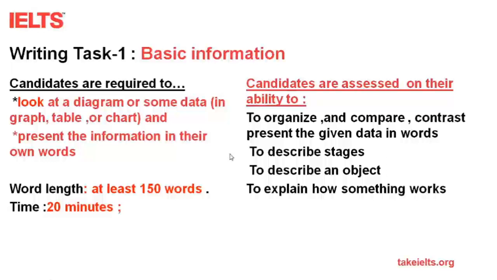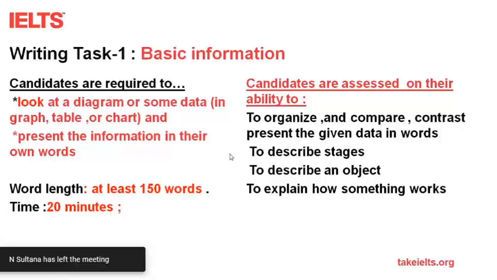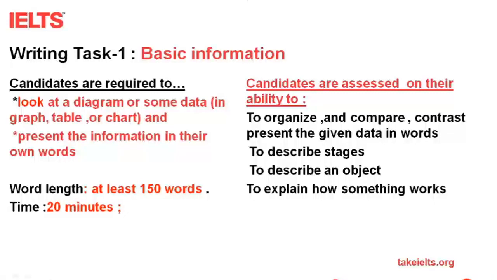You'll never come to know what you got in Task 1 and what you got in Task 2. But how they calculate, they don't just add and divide by 2. They will take 33% from your Task 1 score and 66% from Task 2. That will make the total band score.